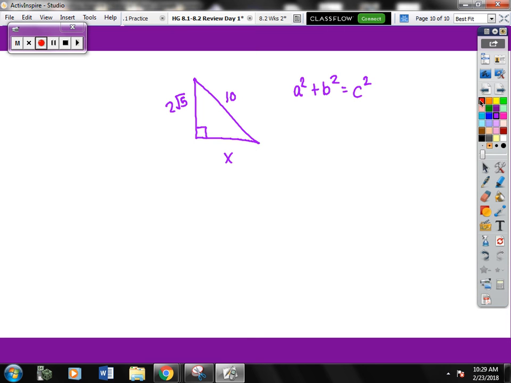We can do this one if you want. This would be x squared. Now remember, when you square this, use parentheses. Make sure you square each of the terms. Good. We'll get 4. The square root of 5 squared is 5. So we'll get 20. 10 squared is 100.